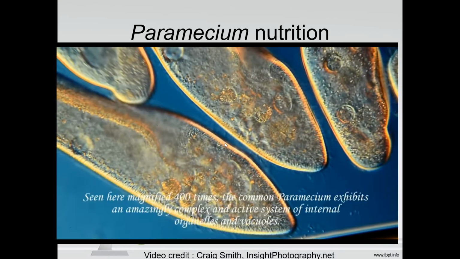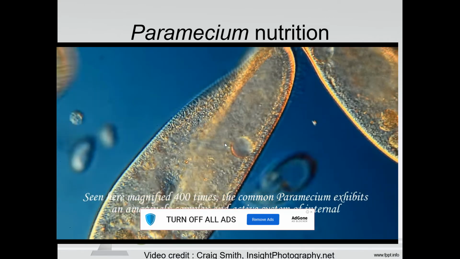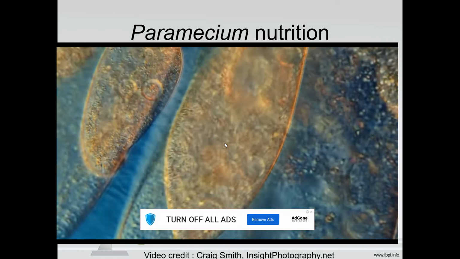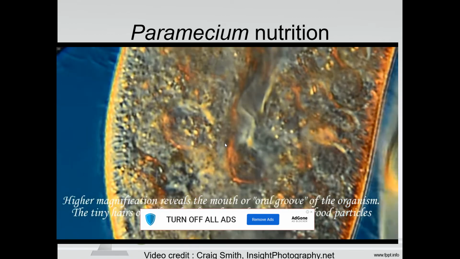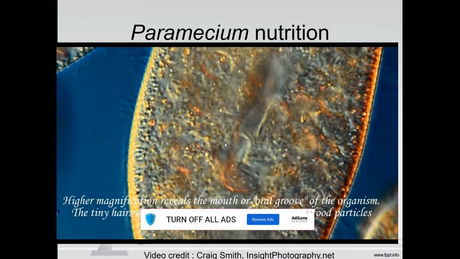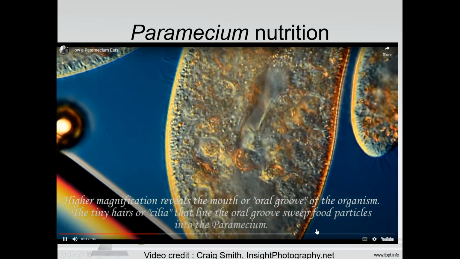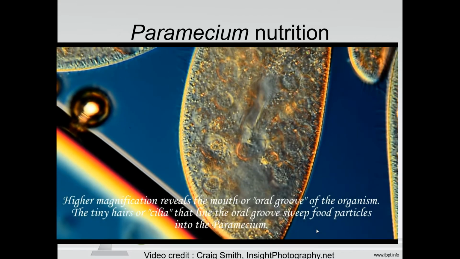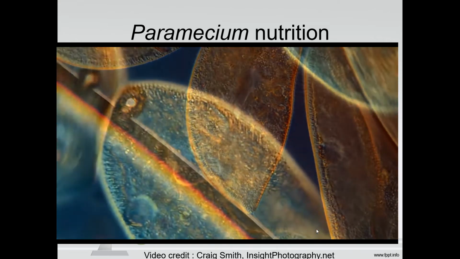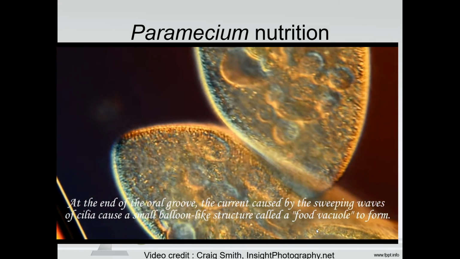So here we've got some Paramecium, and you can see those bubbles of food vacuoles rolling around. You can see the cilia flapping the food right there down into the oral groove. Notice the cilia on the outside of the cell too, helping him move.